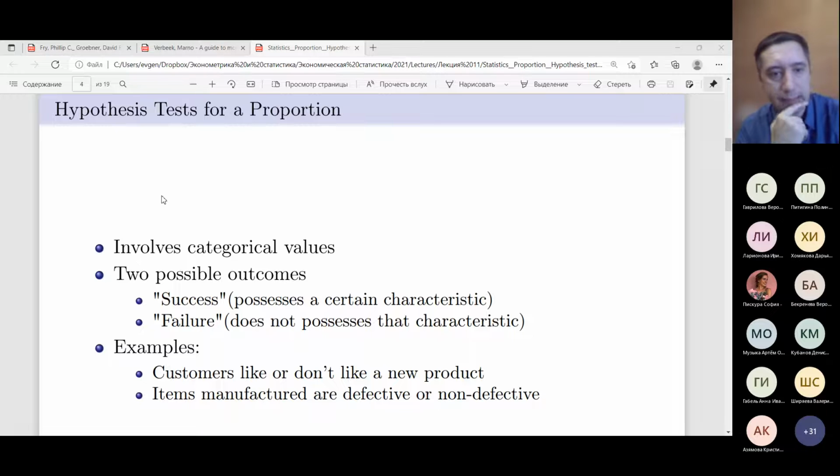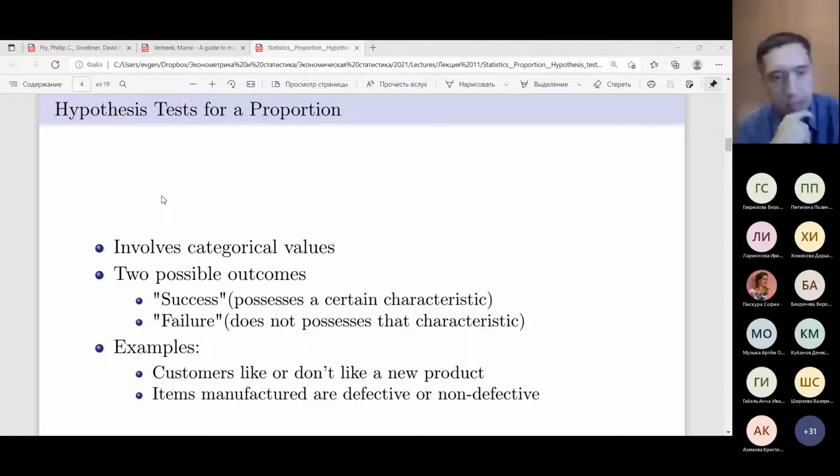The simplest case is a binary variable. A binary variable is a variable that takes two values, 0 or 1. If the value is 1, we say that it is a success outcome, and if the value is 0, we say it is a failure outcome.